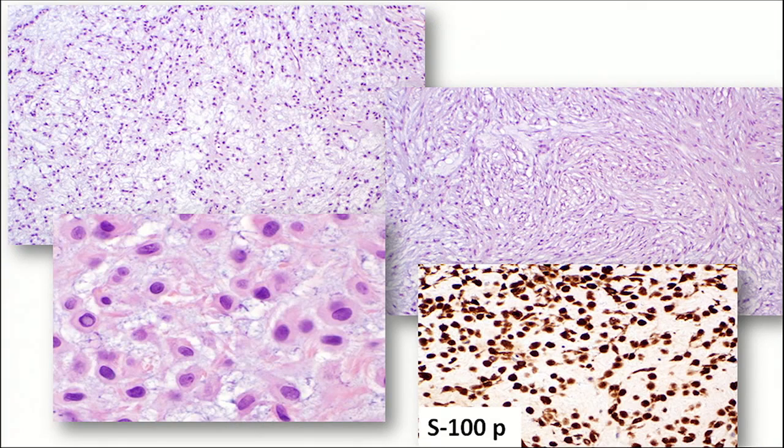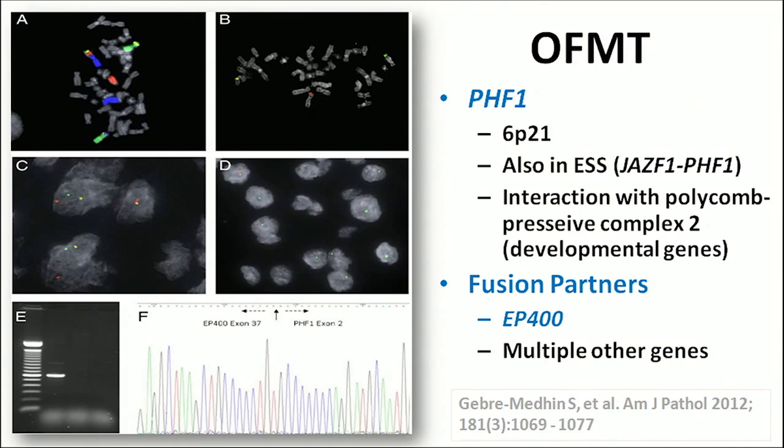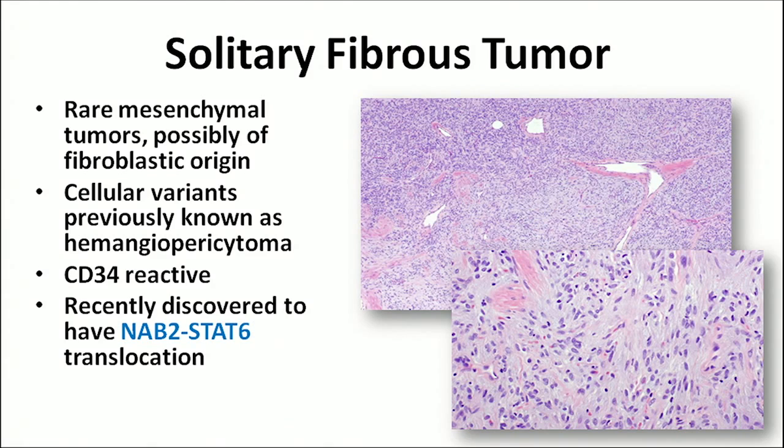They have very small nuclei in some of their forms that are S100 positive, so they can create some difficulty potentially with a melanocytic tumor. These also have a translocation, with PHF1 and EP400 being the most common, but there's a variety of other fusion variants as well.